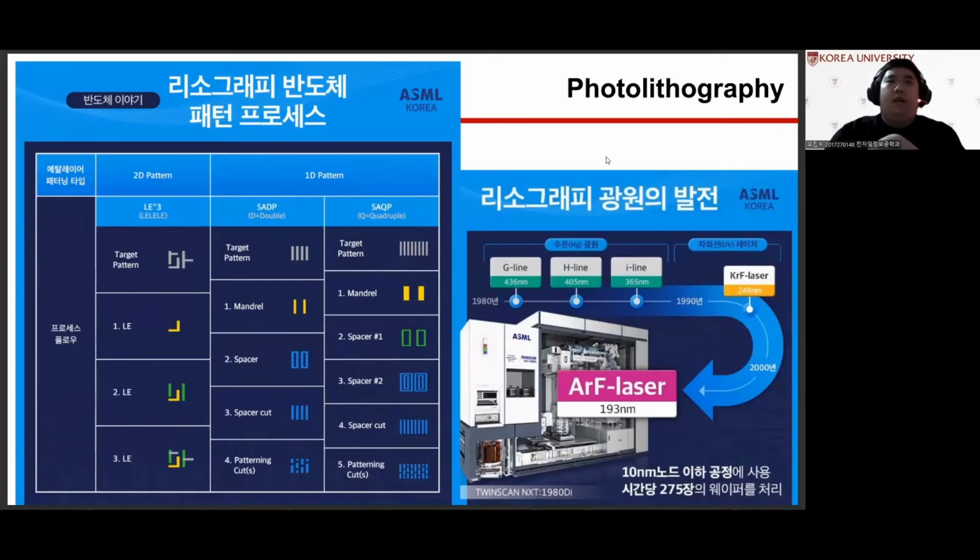Moreover, we have discussed the multi-patterning process such as LELE processing or self-aligned double or quadruple patterning.